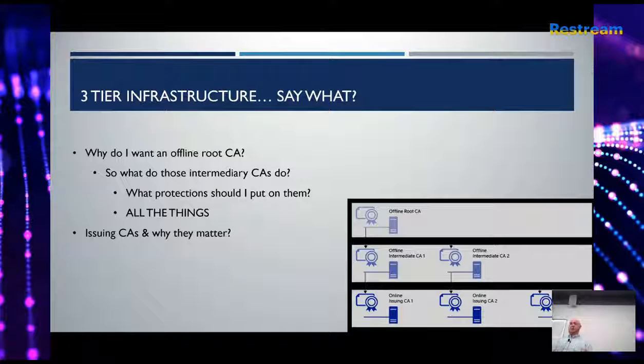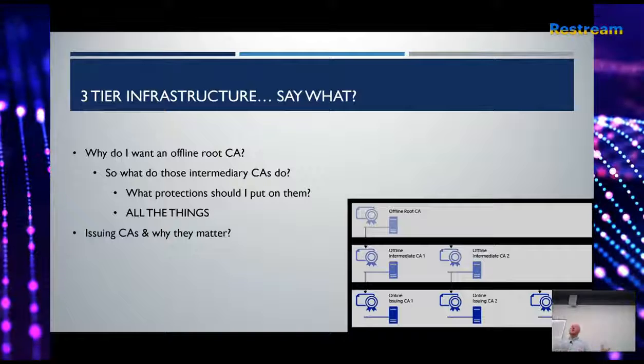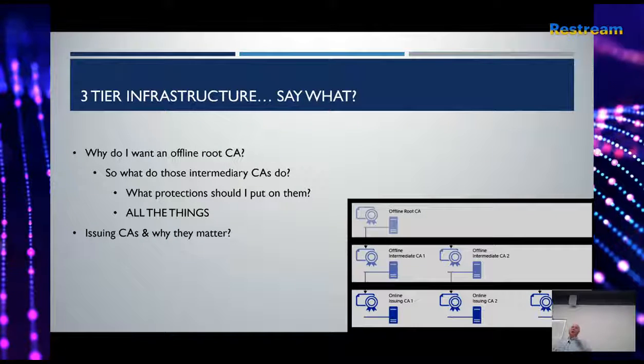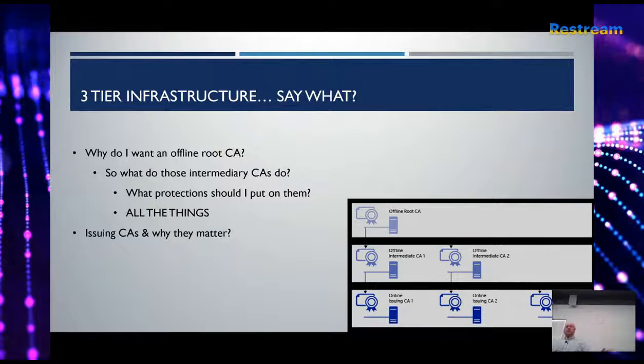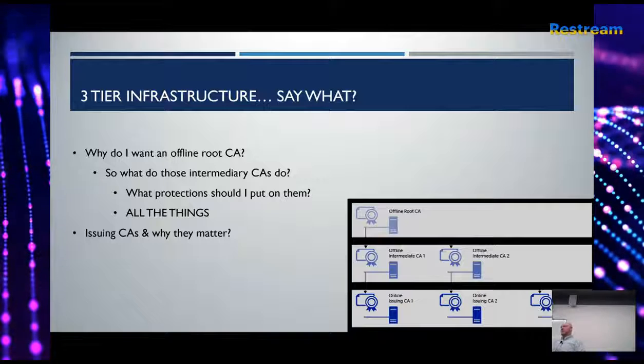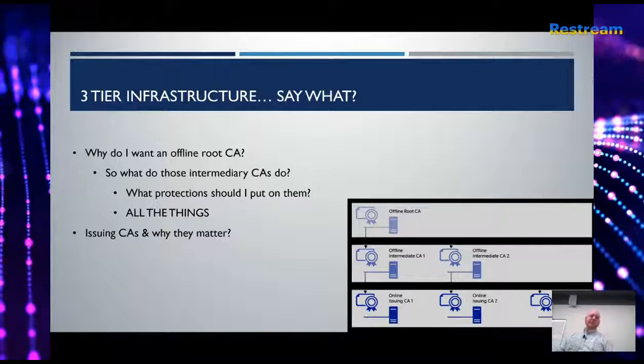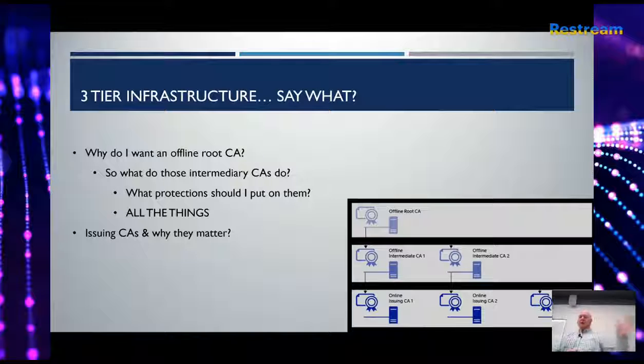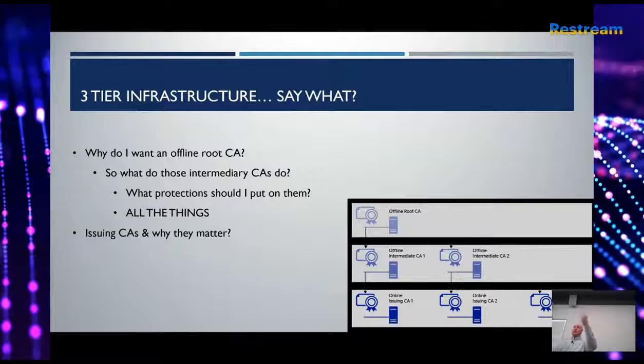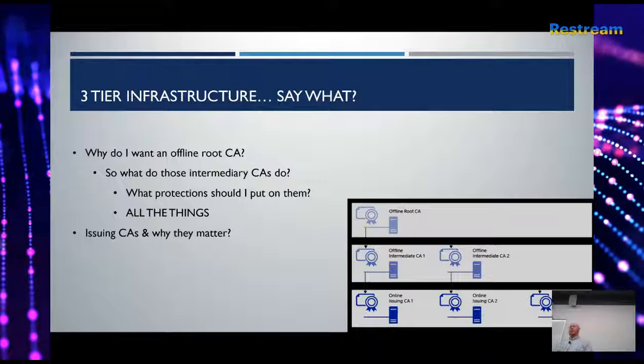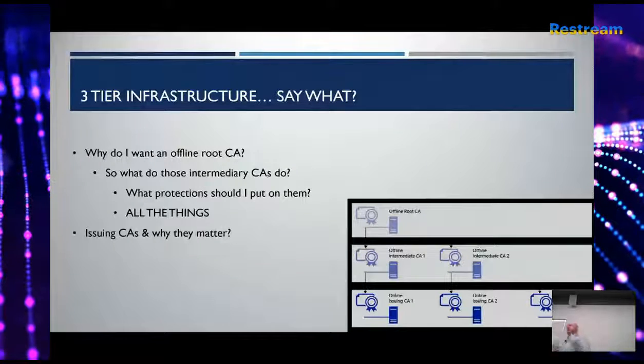Good Lord, not users. Issuing CAs are what are communicating with intermediaries. And I'd much rather that you have a policy that spins up connectivity through that network segment, that enclave, to that intermediary CA than have you exposing direct user space to the intermediary CA, because there's no reason to do it. Okay. So we talked already about what issuing CAs are and why they matter. This is where you actually go with your CSR and have your certificate template validated, that you adhere to all the things and get the certificate back. All right.